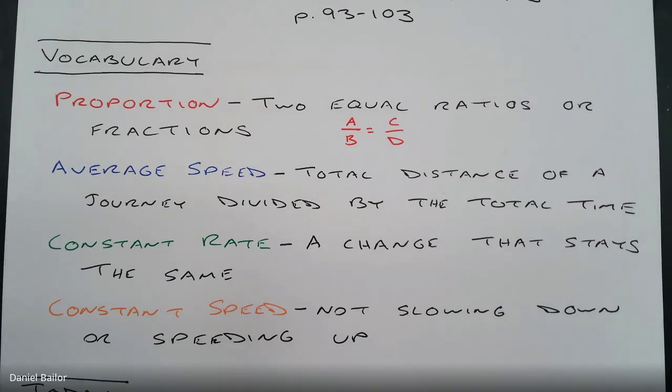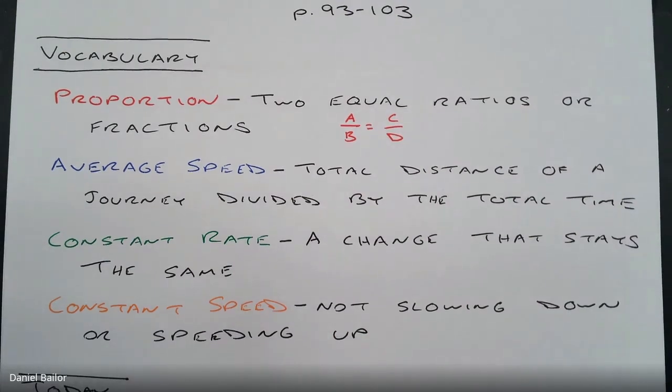So instead of trying to think about all the different speeds all over the place, we figure out average speed when the trip is done. We take how far you went and divide by how much time it took you. And that tells you the average speed for the whole journey, about how fast you would be going if you were going constantly.